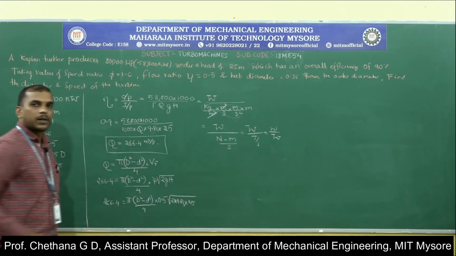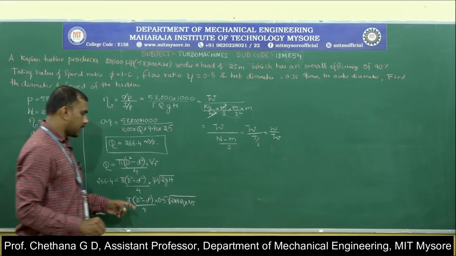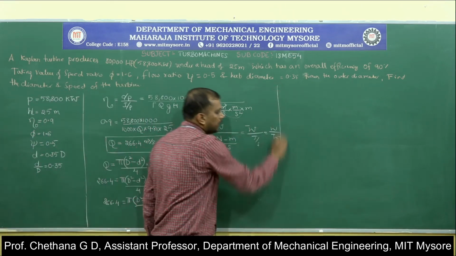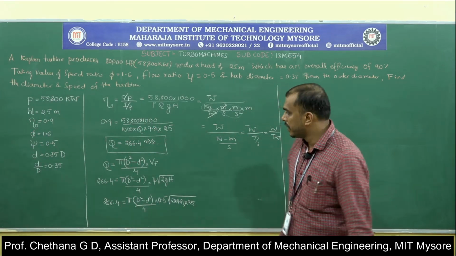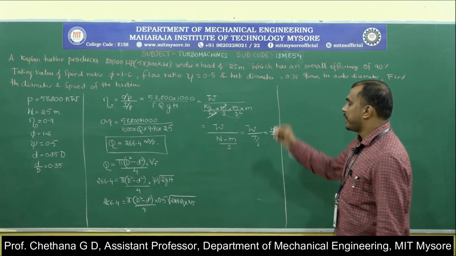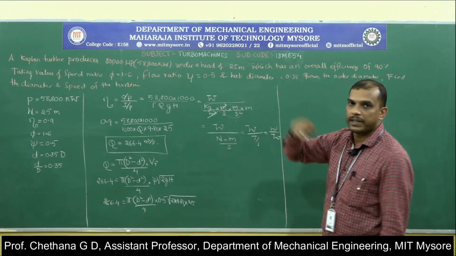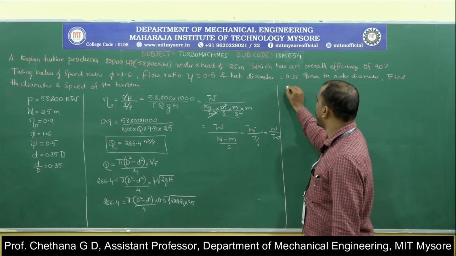Now here, of course, there are two diameters we need to worry about, otherwise we cannot solve it. What we can do is take one diameter common, so that we have the ratio d by D, so that we will make use of it.